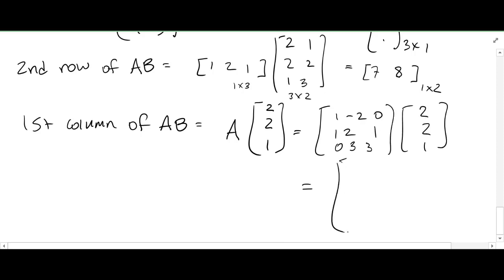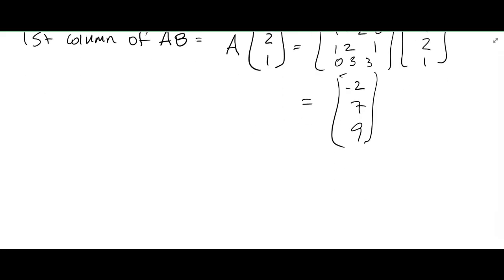So the product you would get is 0, 8. Sorry, that's 7. And that first entry should be -2. Okay. So that's pretty simple stuff.